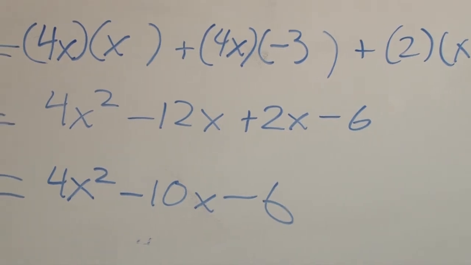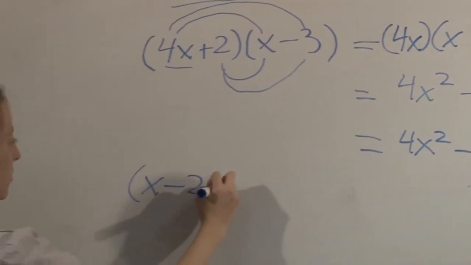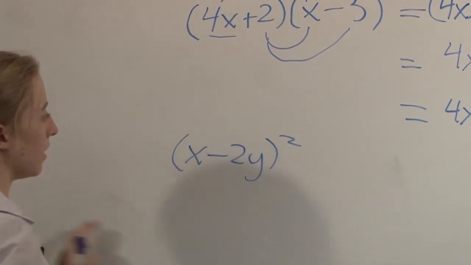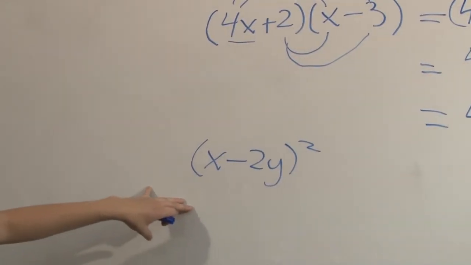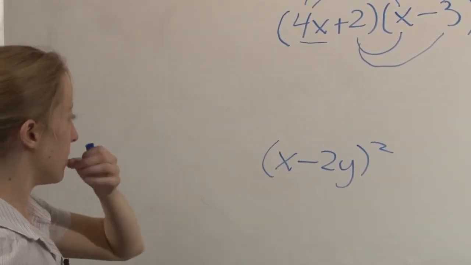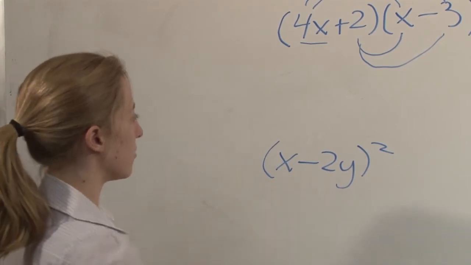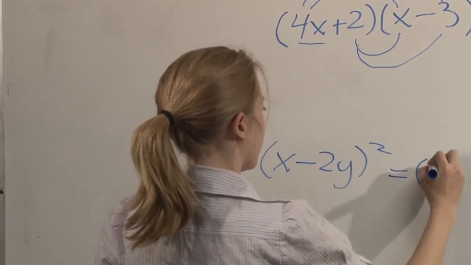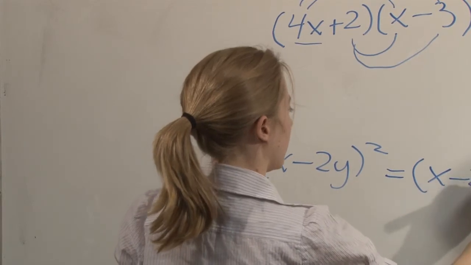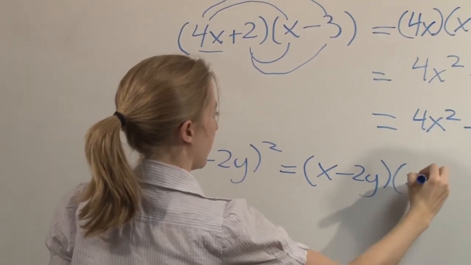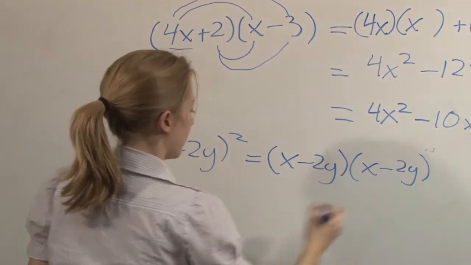Final example I'm going to do is if you had something like x minus 2y squared, and you wanted to distribute that. First, you could remember that x minus 2y squared is x minus 2y times x minus 2y.